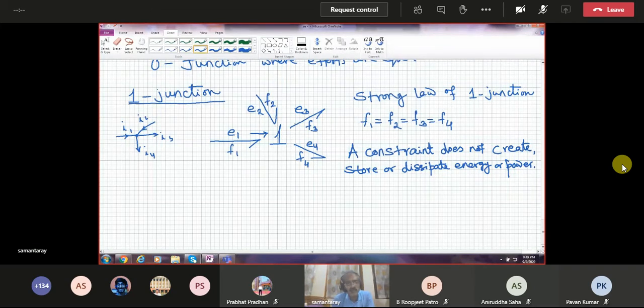We write E1 F1 plus E2 F2 minus E3 F3 going out, and minus E4 F4 going out, equal to 0. That is power balance.